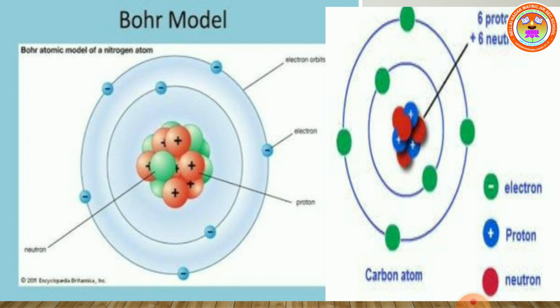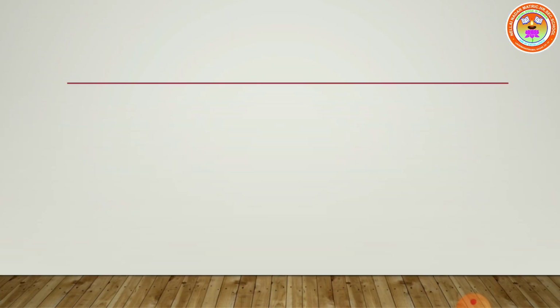So, electrons in the inner orbits are strongly attracted by protons and they cannot be removed from the atom easily. The electrons in the outermost orbits are loosely bound and they can be easily removed from the atom.